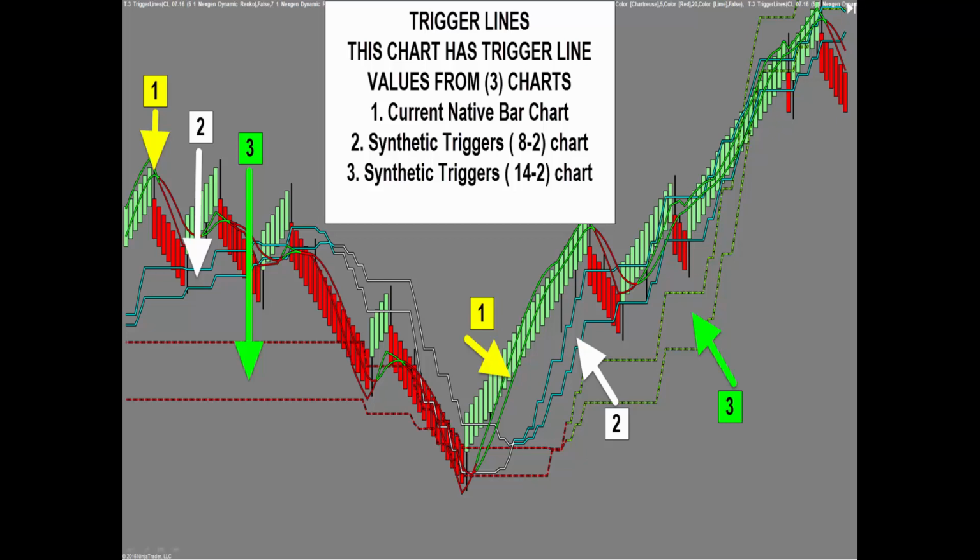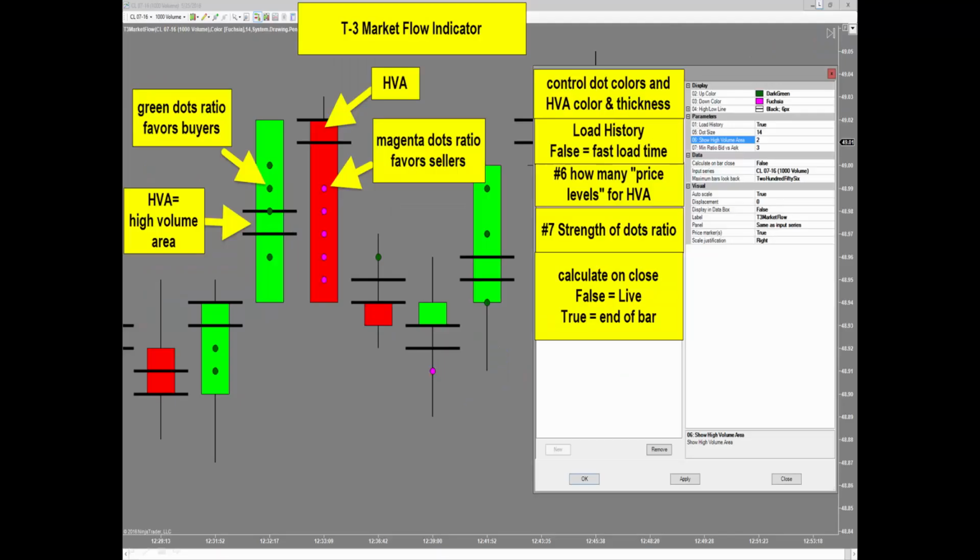Now, before I get into the trigger lines themselves, I want to digress for just a second, and I want to give you a visual of our new T3 market flow indicator. I've got a couple of terminologies on my trigger line charts that I want you to understand. So HVA is a high volume area.